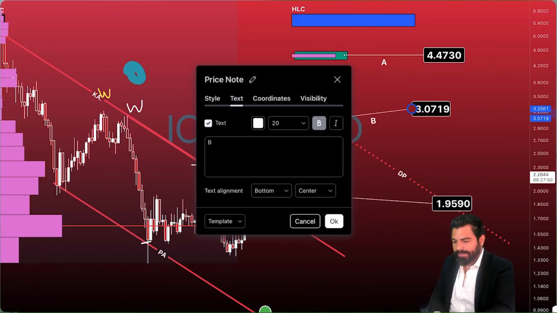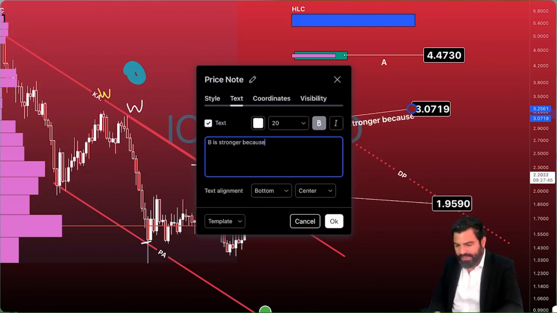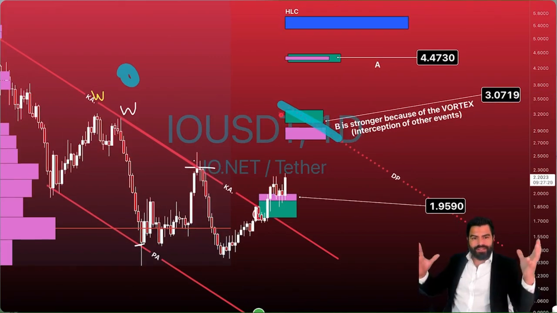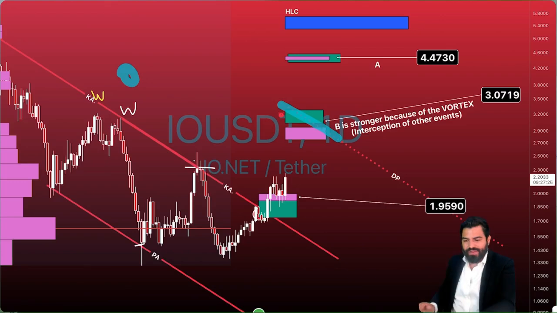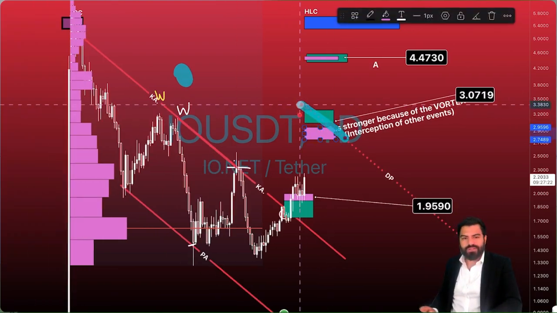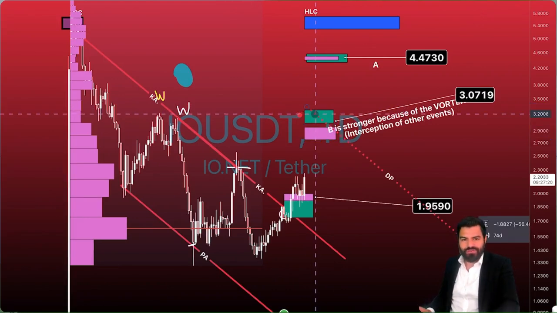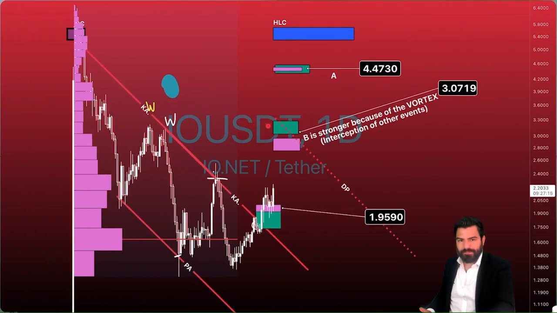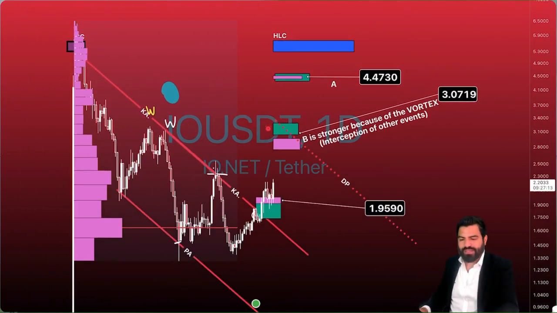In this case, B is stronger because of the vortex, which is an interception of other events and angles. It's like the central point of all this event, and that's why I call it a vortex. Because to me, I don't just call it a confluence of events. I think that's a little too vague. I think if we look at it in terms of a black hole or something, the centralization of all of that. Does that make sense?